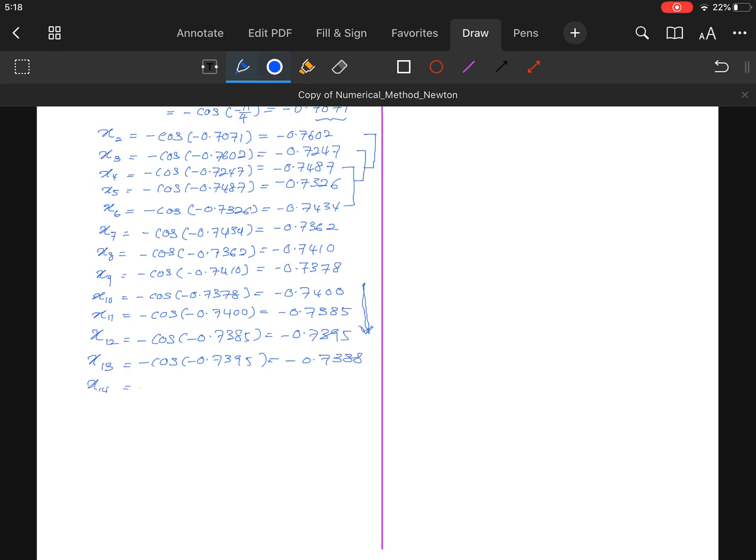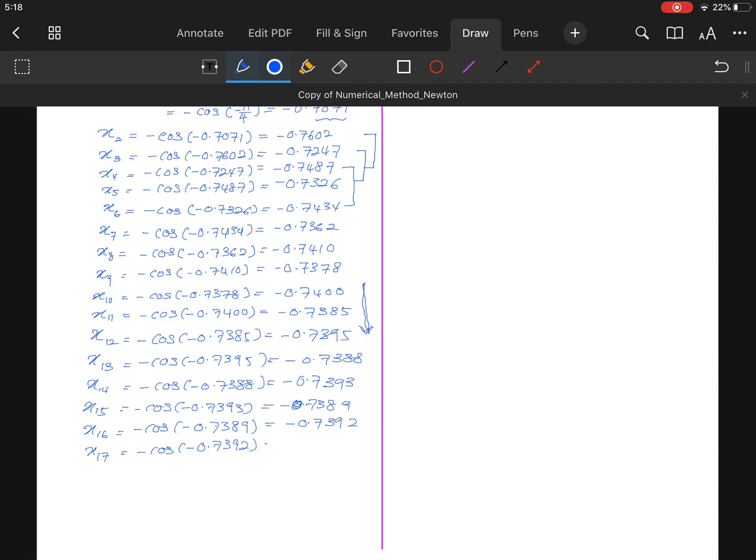Then x14 gives you negative cos of 0.7388, which is negative 0.7393. x15 gives you cos of 0.7393, which is negative 0.7389. x16 gives negative cos of 0.7389, which is negative 0.7392. Then x17 gives negative cos of negative 0.7392, which is negative 0.7390.